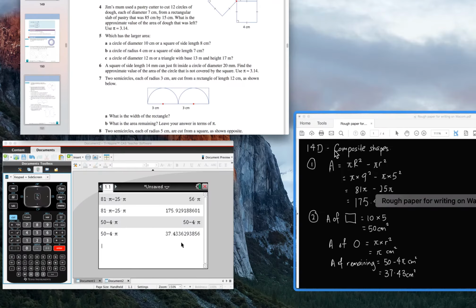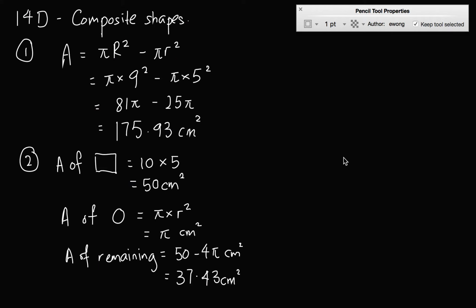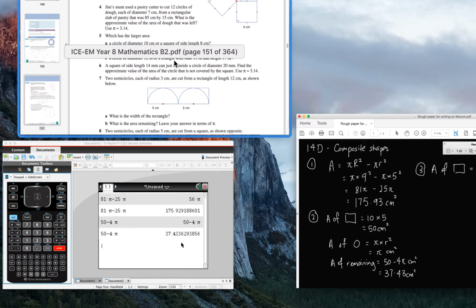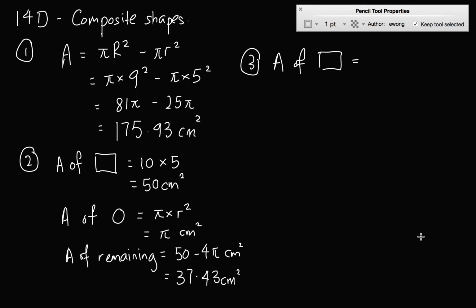Let's start with the rectangular slab. So if we're starting with the rectangular slab, we have to first calculate the area of the rectangle. And in the question it's given the dimensions are 85 and 15. So we're gonna do 85 times 15.